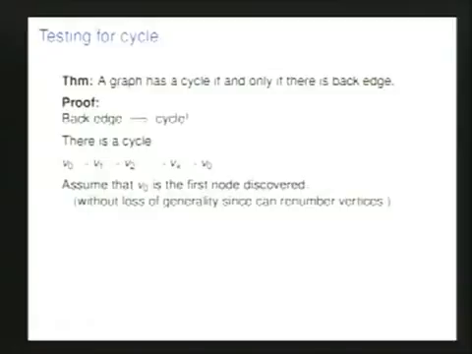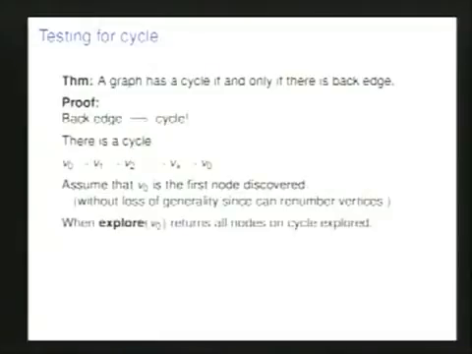Okay? So we're assuming that explore in DFS, the first node on which explore is called on this cycle is V0. Okay? So what happens when we explore it? When explore V0 returns, all the nodes on the cycle must be explored. Right? Is that clear?